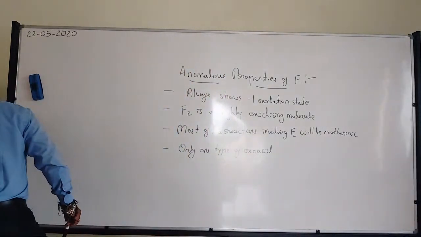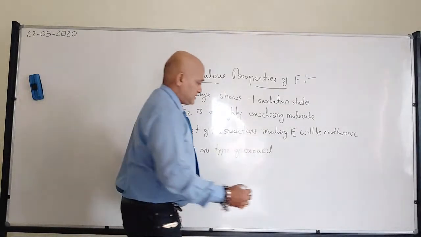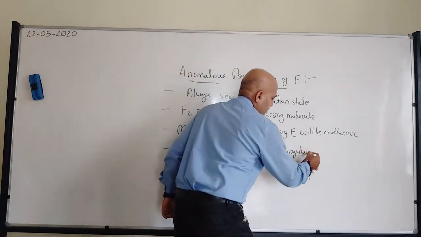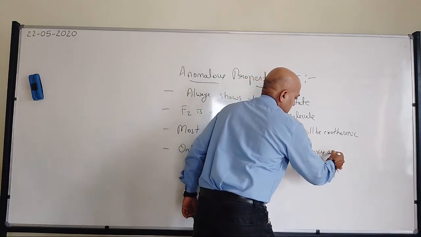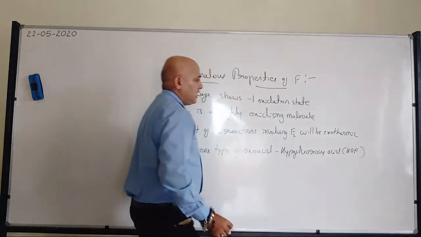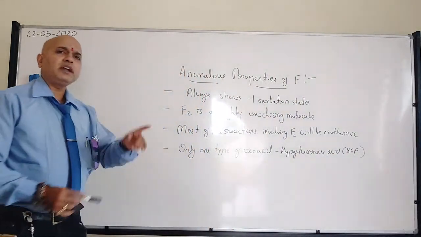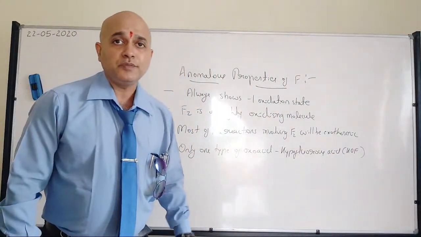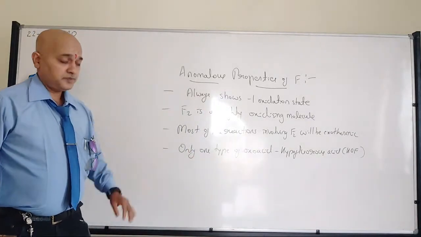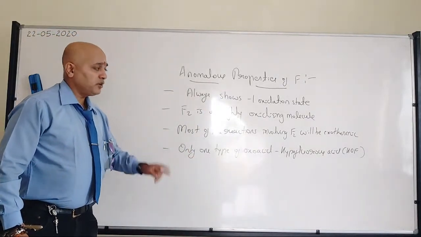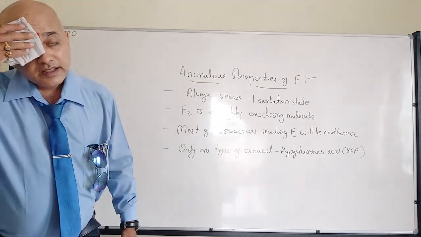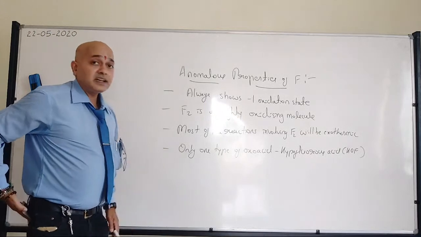So that is hypofluorous acid, HOF. Only one type of oxo acid it will show. But all the other halogens will show more than one. They will show. But this one will show only one type of oxo acid. Fine? So that's where we have another anomalous property.